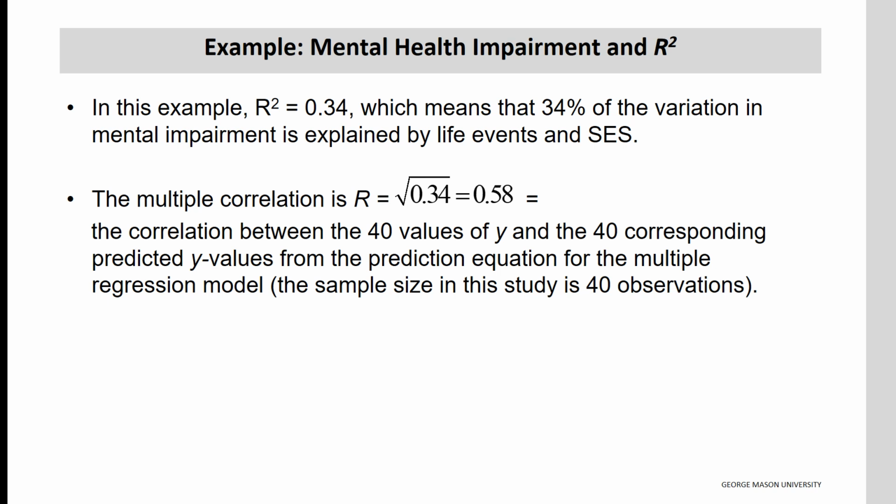And what that means is that the correlation between the 40 values of Y, which is the sample size there, right, 40 values of Y, and the 40 corresponding predicted Y values from the prediction equation for the multiple regression model is 0.58.